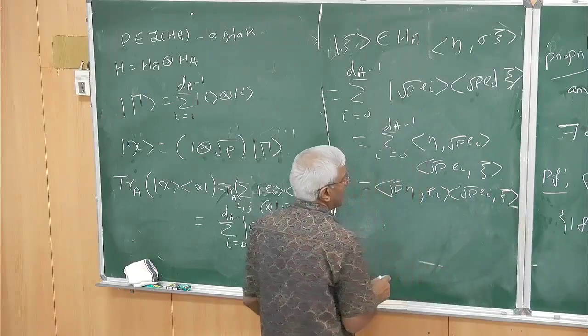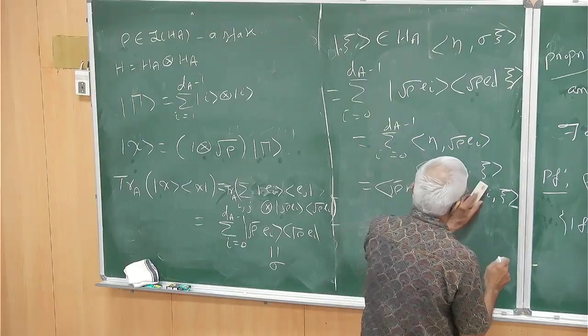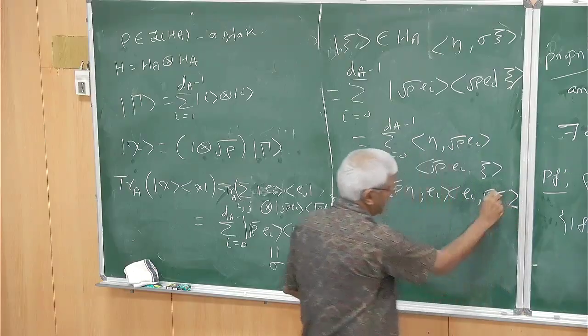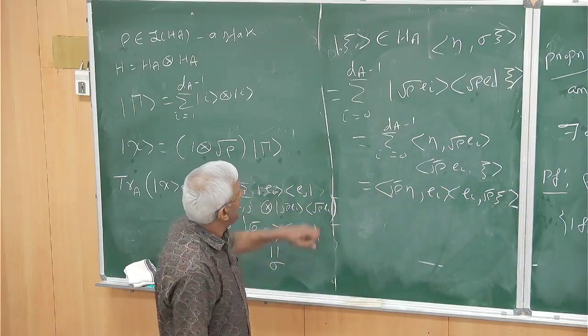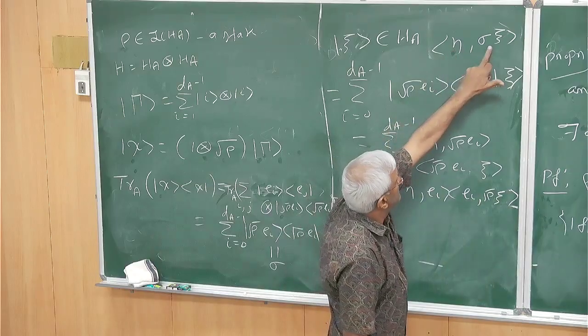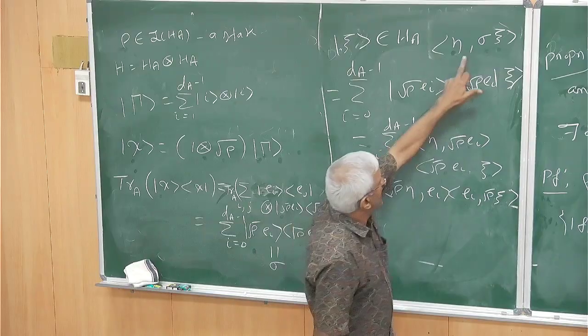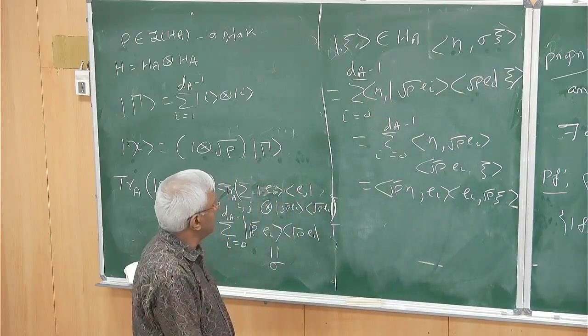I can take rho e_i, square root of rho xi, because rho is positive, symmetric. I am taking eta, sigma, xi, where sigma is this. So I put a xi here and I put an eta here.